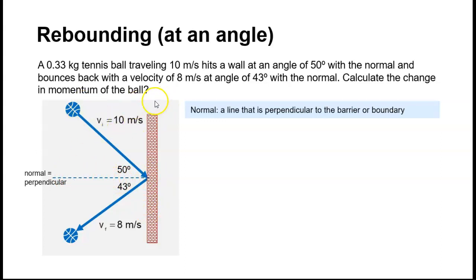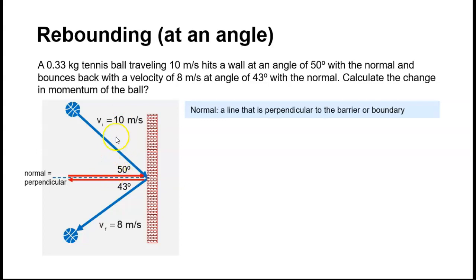All right, but the incoming velocity is not 10, because just like we did in the previous example, we need to have the velocity vector that goes straight in to the barrier and bounces straight back from the barrier. So basically I need the x component of this 10.